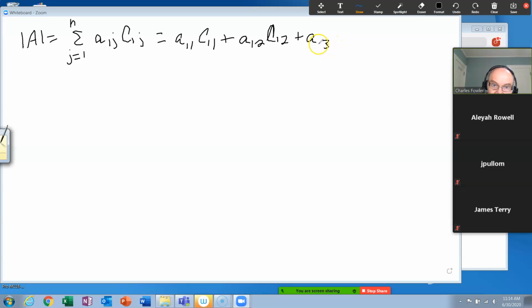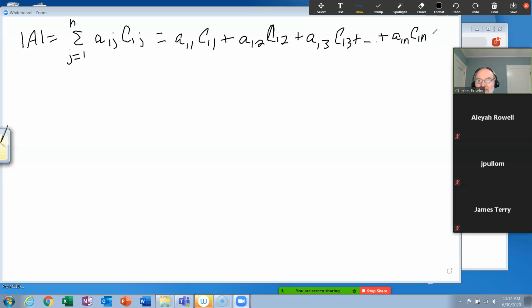That's supposed to be a 13, C13, plus dot, dot, dot, all the way up to, and see those two dots connected, they shouldn't have, the last one would be a plus A sub 1n C sub 1n.